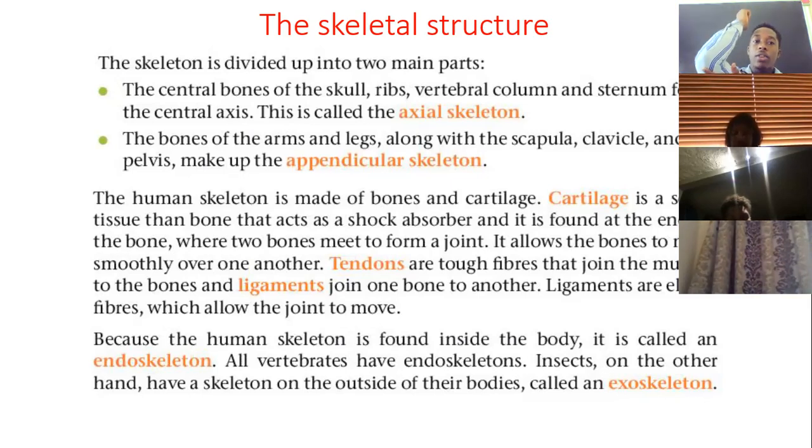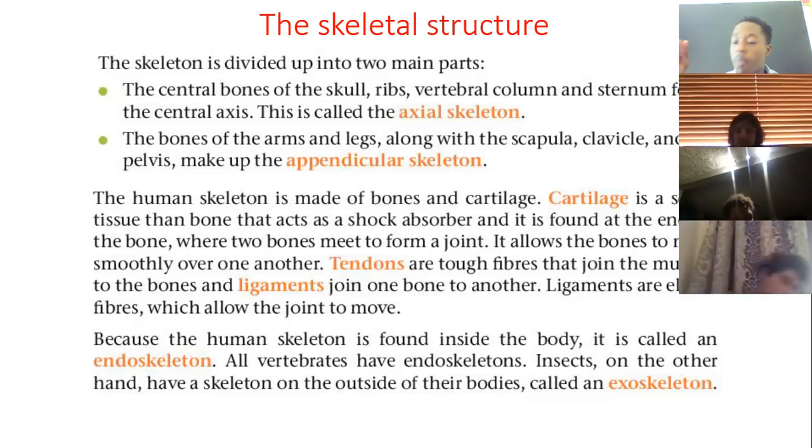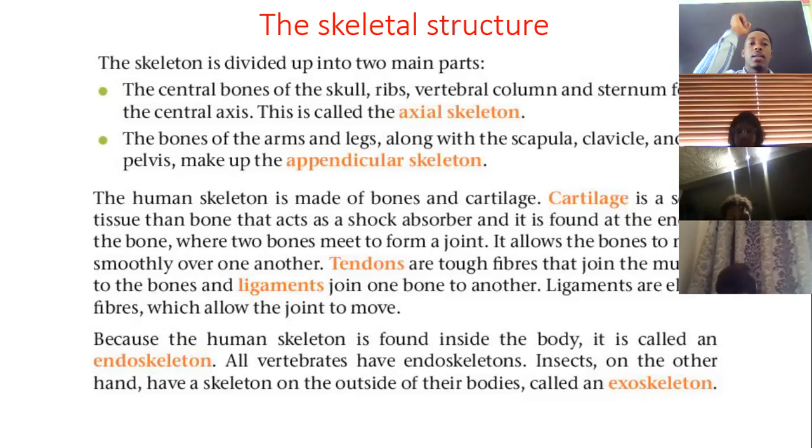Do you know what arthritis is? It's when the cartilage between the bones degrades, so the bones scrape on each other. Good. So that's why if I move here now, when I have arthritis, I'm going to start to feel some pain. So when the bones move over each other, which we call gliding joints, we don't feel any pain at all because of cartilage.